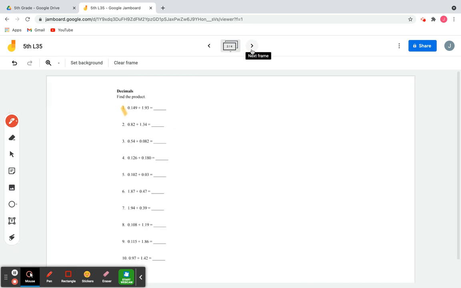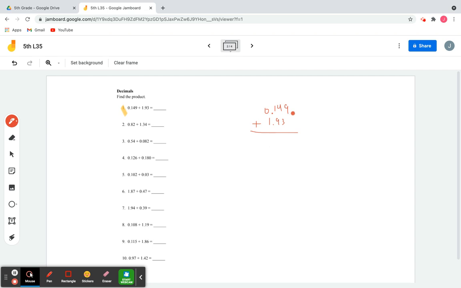And then let's move on to the next page. And we have decimals. So we're going to add the decimals. And let's work on number 1. So we have 149, sorry. And then we add 1.93. So it's the same like what we did on the last page.